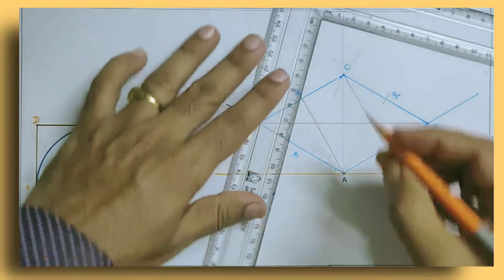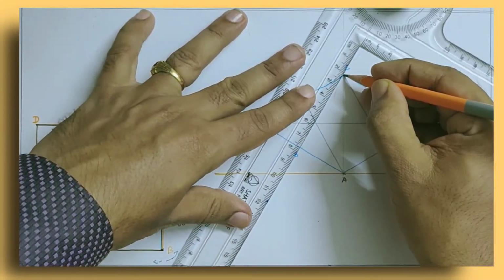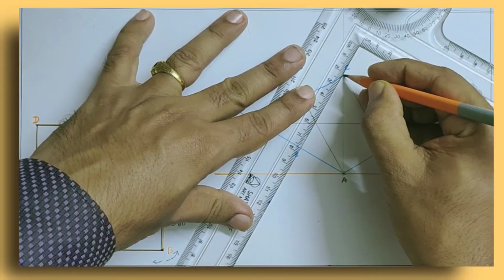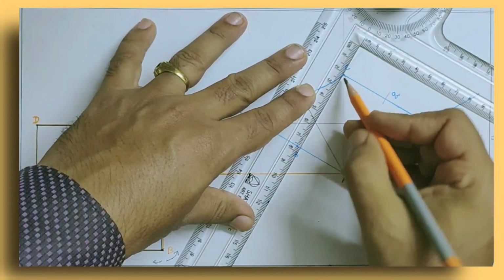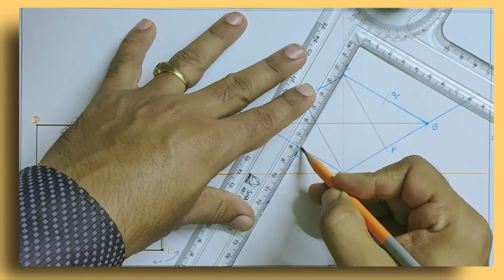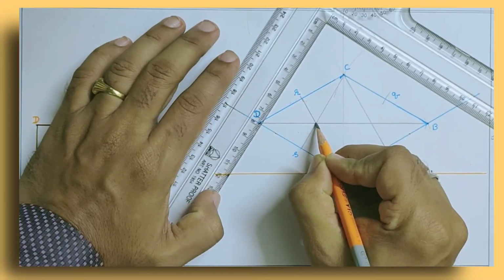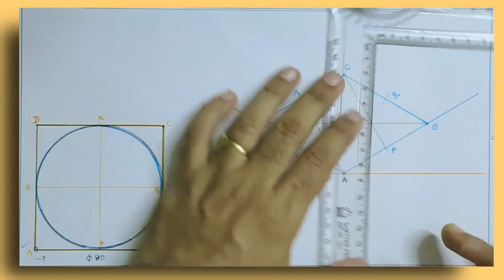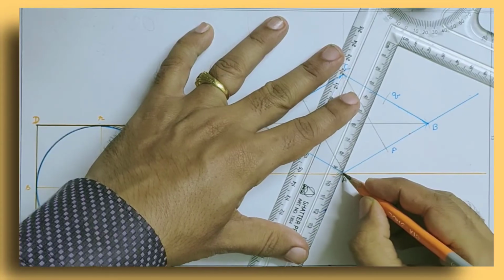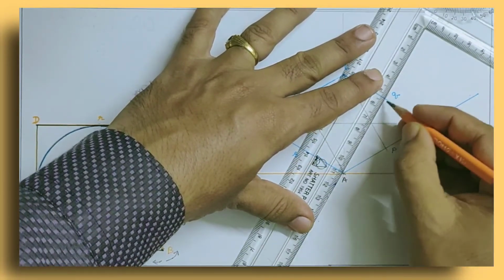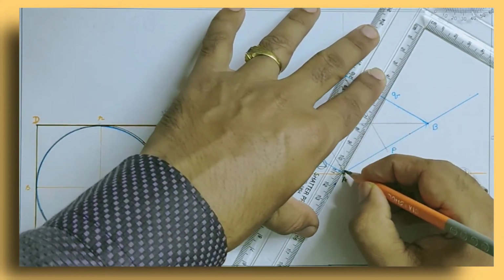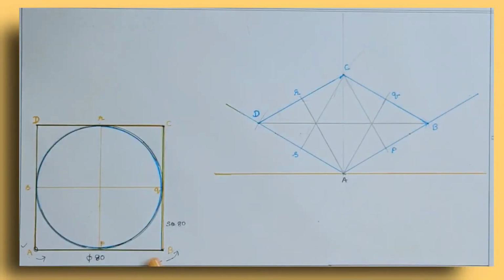Most often they will even join this point to this, but it is optional. Only these 2 points are sufficient. Just to confirm once again, this point is the point of intersection, and let us join A to Q, all with light lines. Now, what are the four centers that we were looking for?